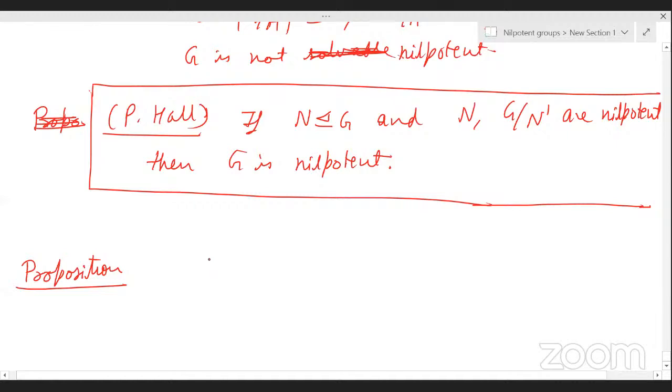The proposition is, if we take a finite P group, then a finite P group is nilpotent. Every finite P group is nilpotent.